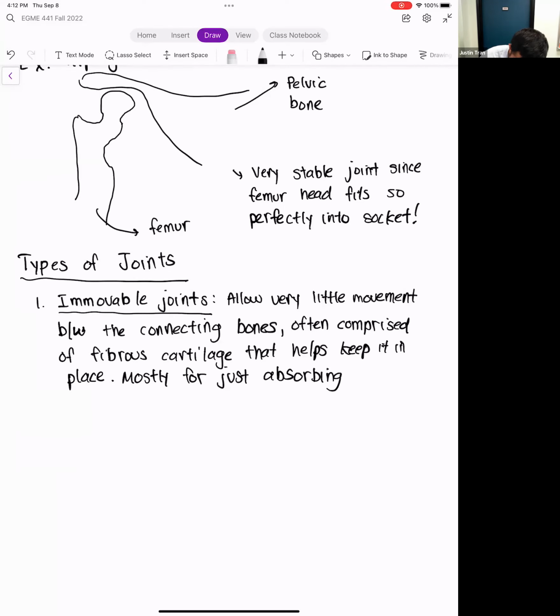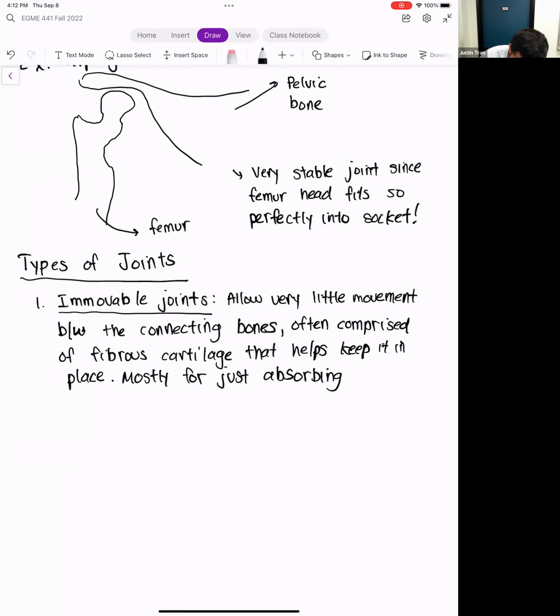Okay. Some examples of these types of joints in your body would be the joints between the different skull plates. Remember we talked about before, your skull actually isn't just one big bone, it's comprised of different plates. The joints in between those are considered immovable because there's no reason why you would need to move the bones in your skull around.